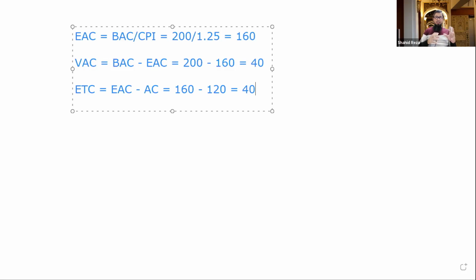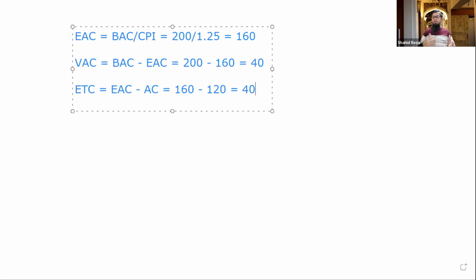All right. So see, these three variables are actually forecasting. We can forecast what could happen at the end of the project. So we are actually talking about a positive scenario project. If we find a negative scenario, then you will see everything will come negative here.